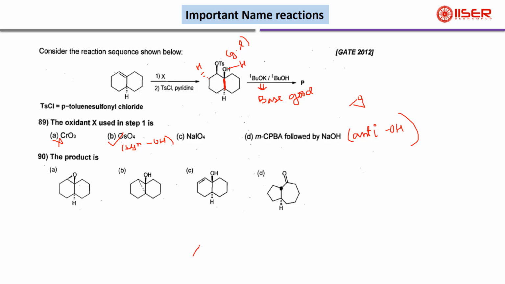So if you just draw this in a cyclohexane manner, it will give a better idea to imagine the anti-periplanar arrangement. So OH is here, and OTS is here.